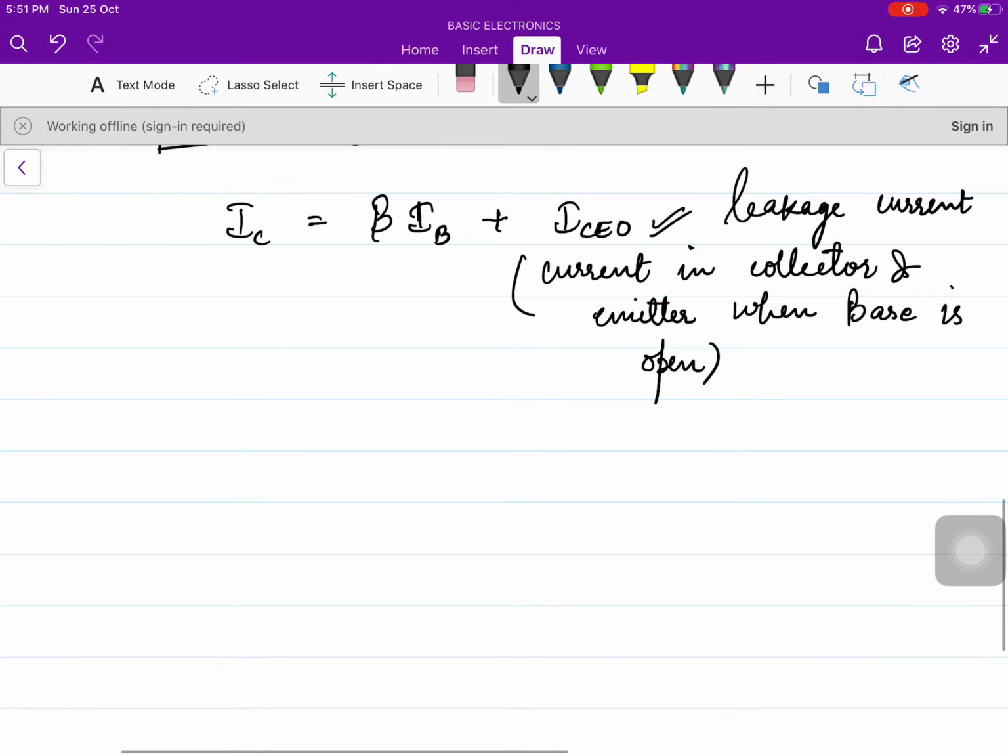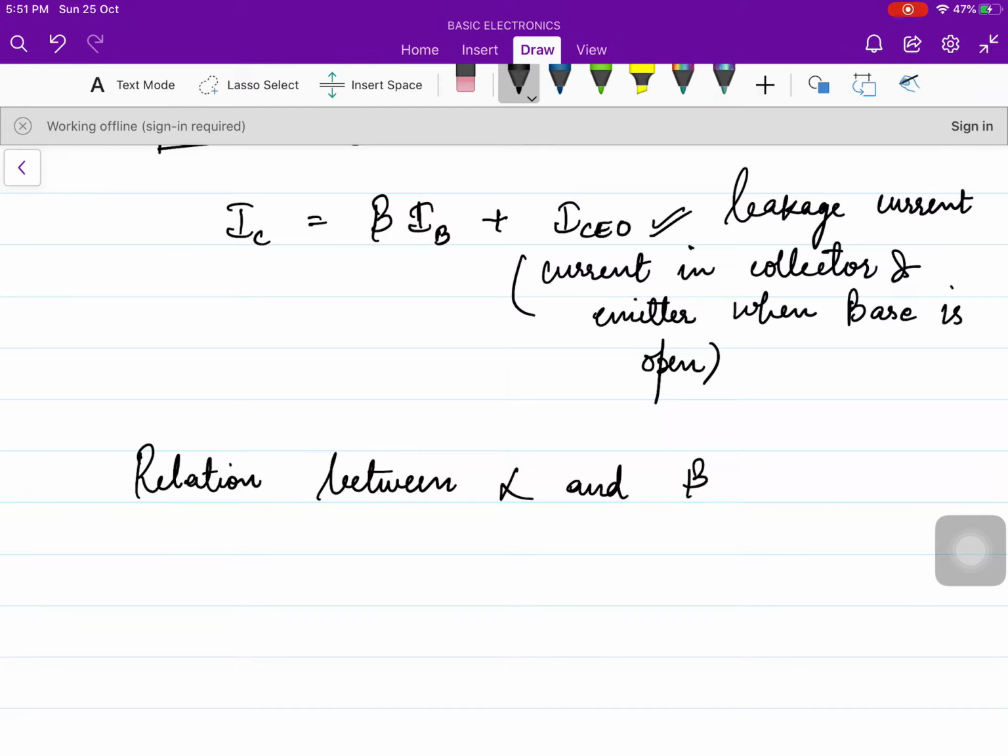Now another thing, we will study the relationship between alpha and beta, and for that, first of all, we will write the transistor current equation, that is IE equals IB plus IC.